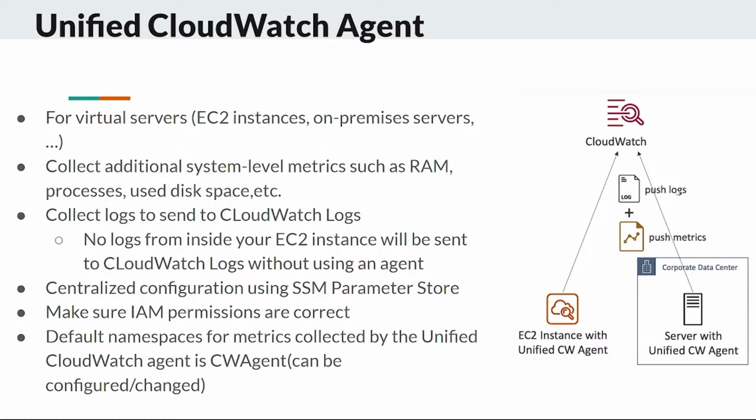So basically these logs are being pushed there, and metrics are being pushed, and this is the server which is sending all the things to CloudWatch. With the help of the unified CW agent, the server is also sending metrics and logs to CloudWatch, and the EC2 instance is also doing this.